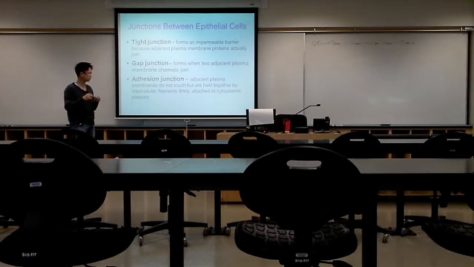Adhesion junction. Adhesion junctions use the intracellular filament. It's like one of the cytoskeleton to attach the cells together. In this cell junction, the plasma membranes do not touch each other, but the cells are mainly held together by the cytoskeleton, the intracellular filament.